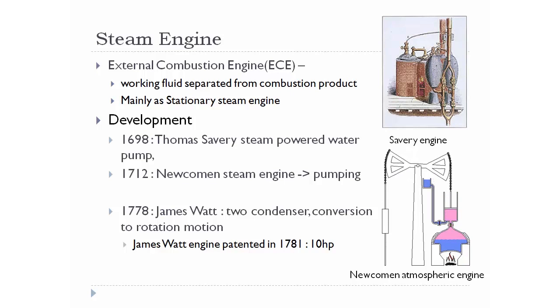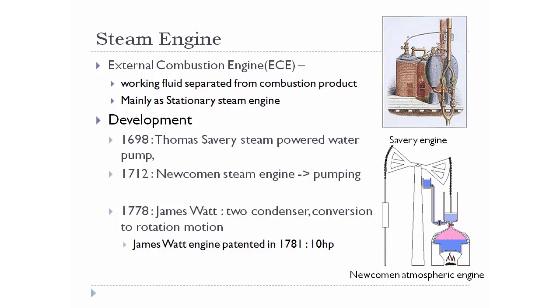The steam engine, as you know, was first invented by James Watt. But before that, two persons made a huge contribution to the steam engine: the first one is Thomas Savery, and the second one is Newcomen.